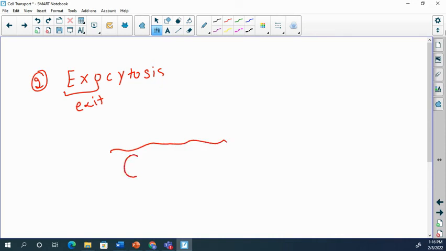This is the particle that the cell needs to get rid of. It is going to fuse with the membrane, and then the particles just go out. And this is step 3.